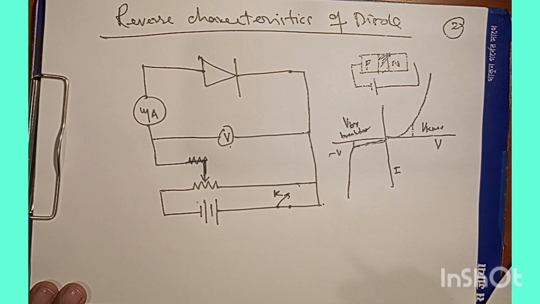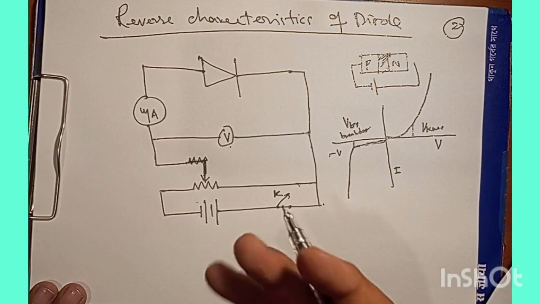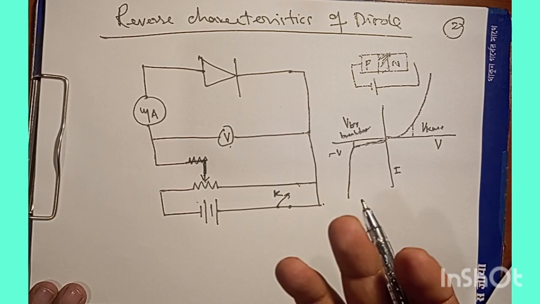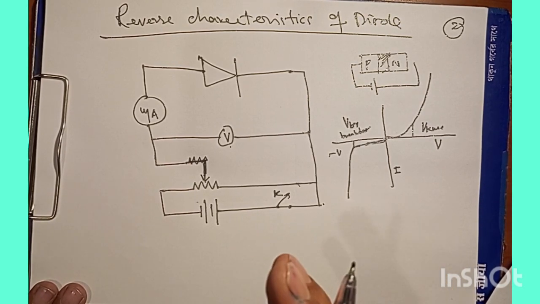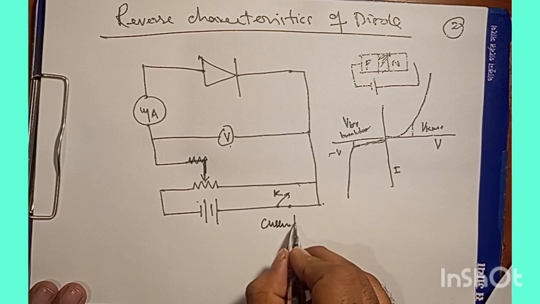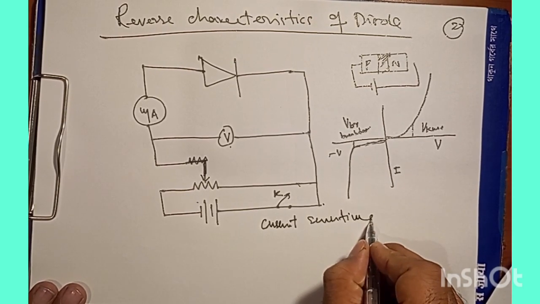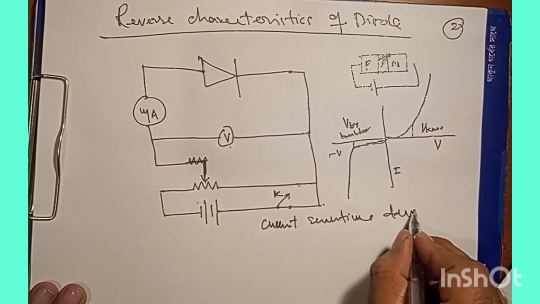So current passing through the PN junction diode produces heat, which affects the diode. When a large current passes through the PN junction diode, a large amount of heat is produced. This heat can be sufficient to damage the diode. Thus, the PN junction is a current sensitive device, and we should keep that in mind.